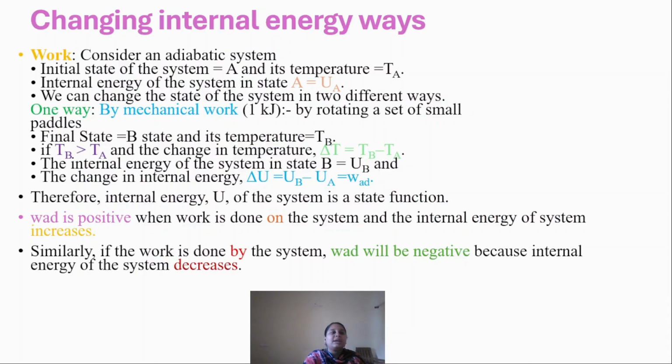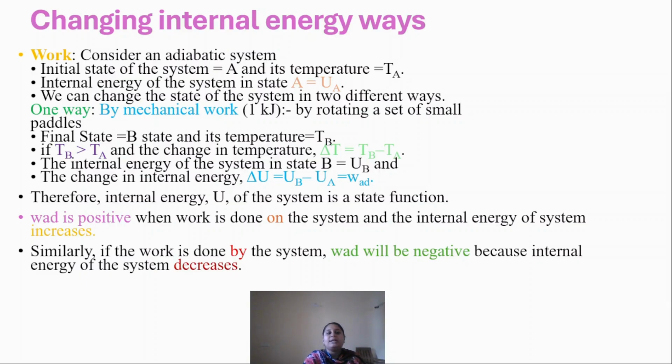If TB is greater than TA, then the change in temperature is delta T equal to TB minus TA. The internal energy of the system in state B is UB and the change in internal energy is delta U equals UB minus UA, that is the work done by the adiabatic system.